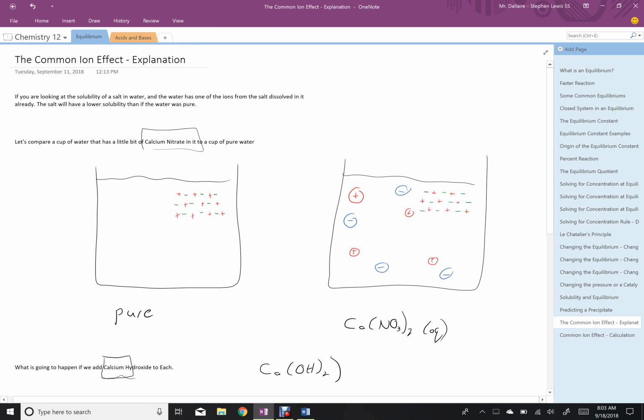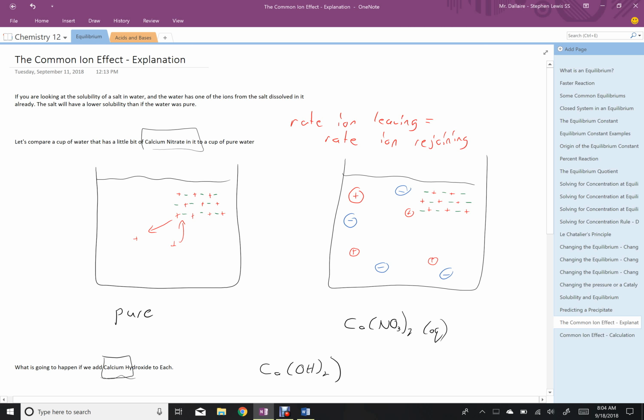Now, initially, in either situation, an equilibrium must be formed when the forward reaction and the backward reaction rates are equal. So when the rate at which the ions are leaving the salt, the pluses coming out of the salt, and the rate at which the pluses rejoin the salt becomes equal. So rate of ions leaving equals rate of ions rejoining.